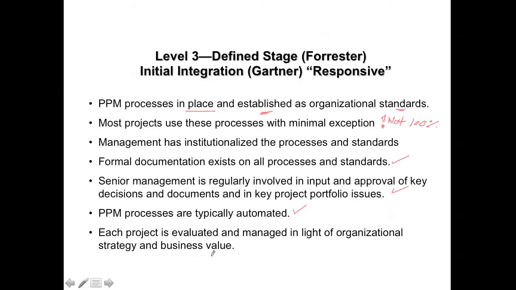This is most likely where most product companies find themselves when they work with PPM. We do have an evaluation and management of the portfolio and the projects with organizational strategy and business value as the overall goals. This is a nice place to be. We're starting to get there.